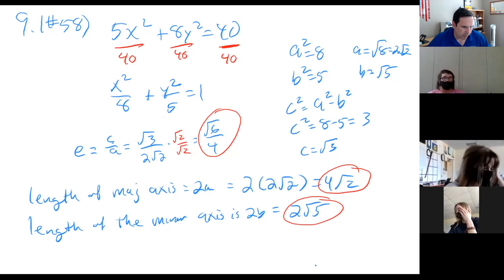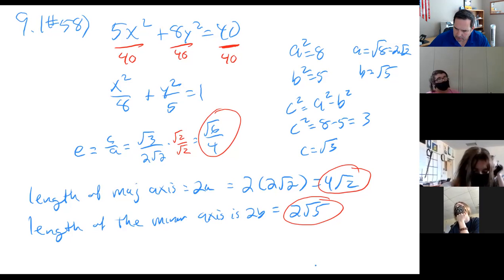It's 8.5. So I think what we're after is the unit vector in the same direction as the vector you're talking about.